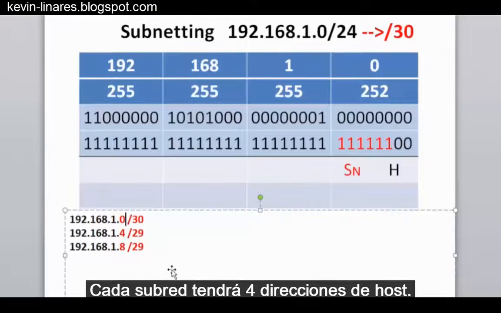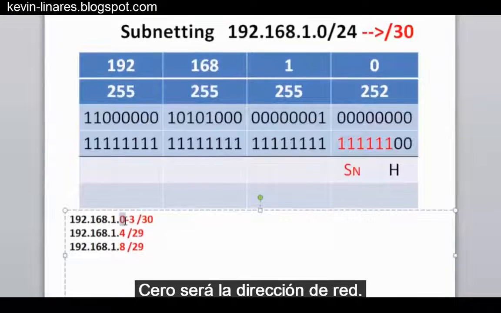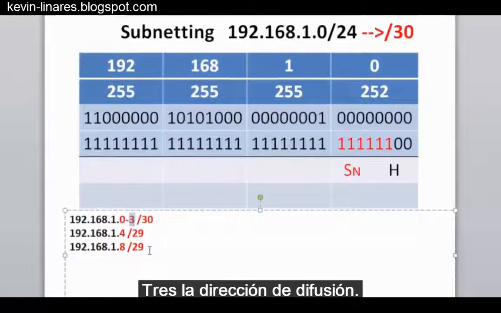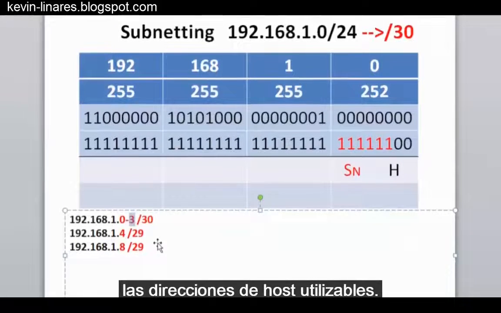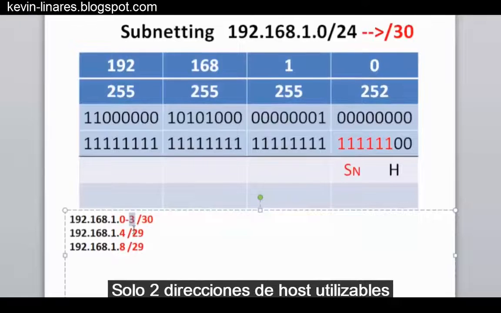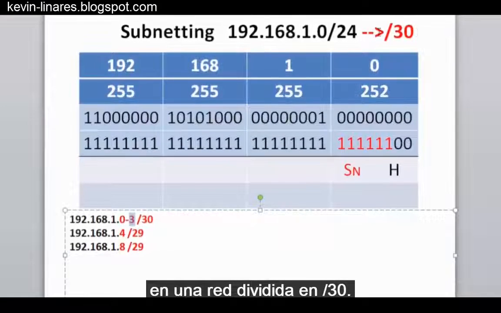Each subnetwork will have 4 host addresses, in this case 0 to 3. 0 will be the network address, 3 the broadcast address, and the addresses between 1 and 2 will be the usable host addresses. Only 2 usable host addresses in a /30 subnetted network.